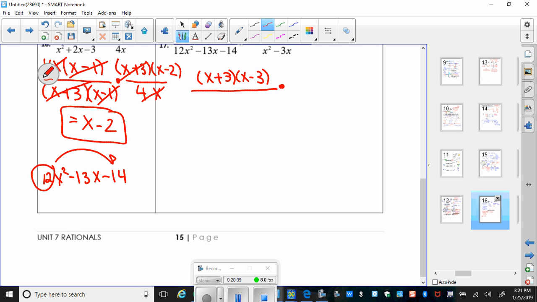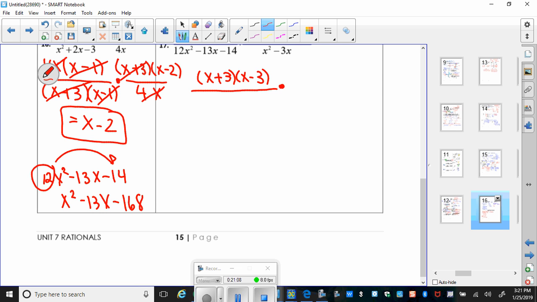Put it in. You get 12 times 14, and it's 168. So this becomes x squared minus 13x minus 168. Okay. Now I'm looking for two factors that are going to add up to 13.